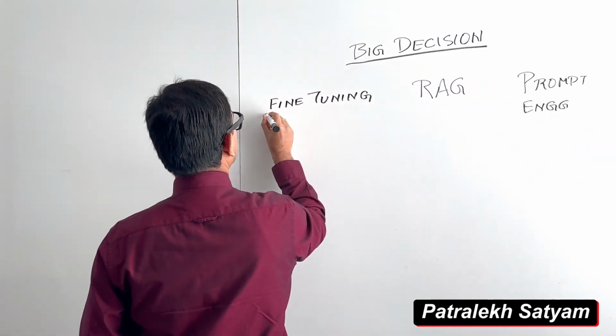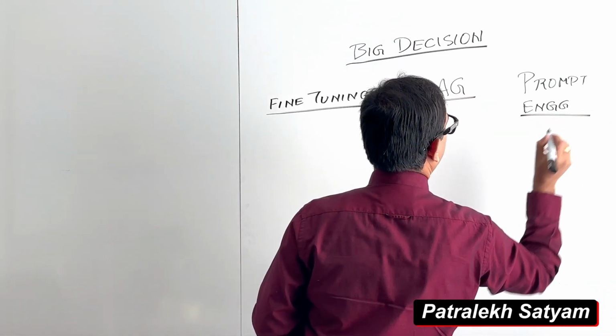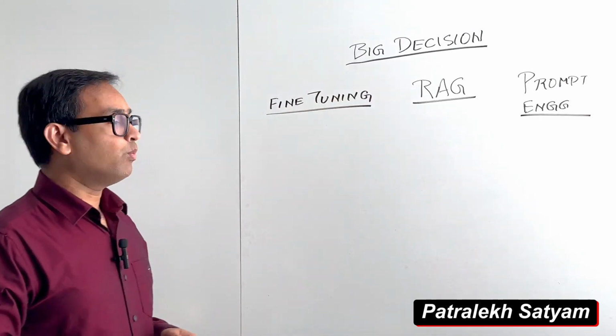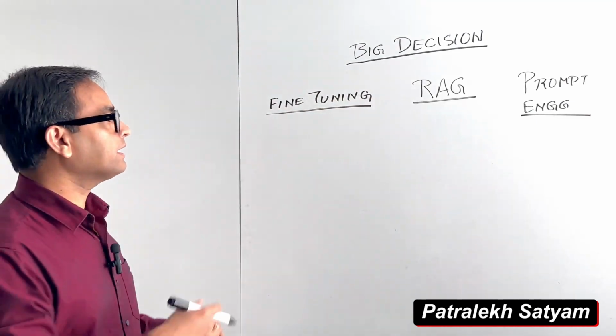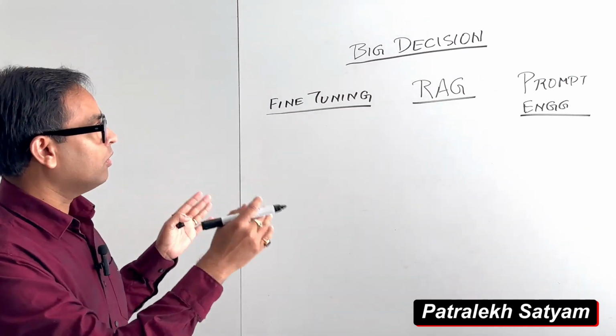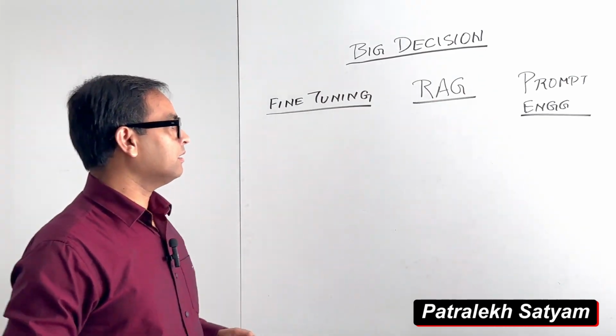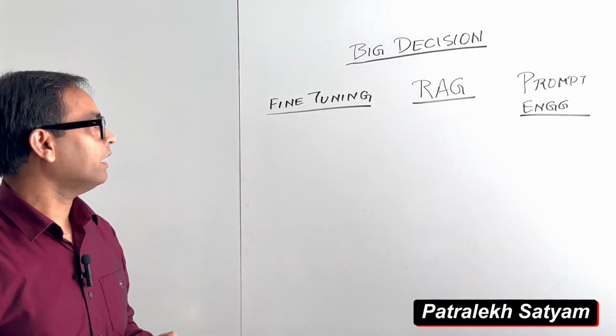So what is it that you have to choose is a big decision. And does it need to have one or the other, or it can be a mixture, a hybrid approach of two or three, and there are some other approaches as well, but we'll be limiting to these three in our current discussion.